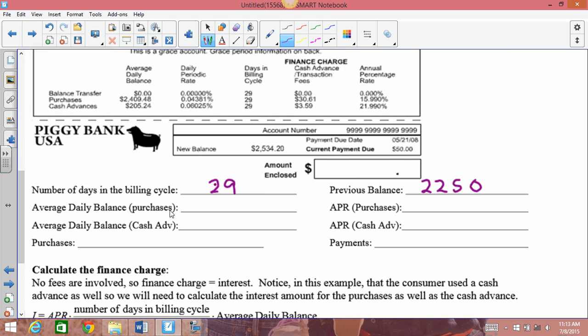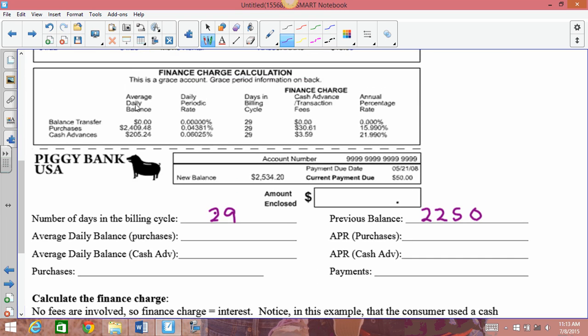Average daily balance on purchases, coming down here. You can see people choose to transfer the amount that they have on other cards. On purchases, $2409.48. The APR on purchases, as you can follow all the way over, is 15.99%.